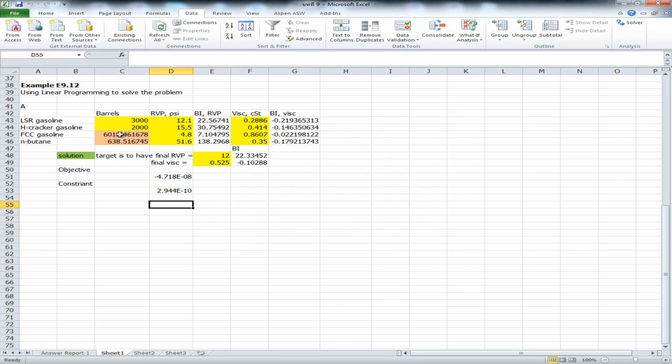So the answer is we need to add FCC of 6,000 and also N-butane of 640 barrels. And if we add that, the final RVP will be about 12 and the final viscosity will be about 0.525 centistokes. Okay.